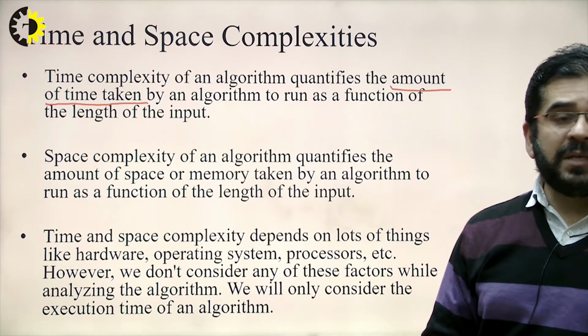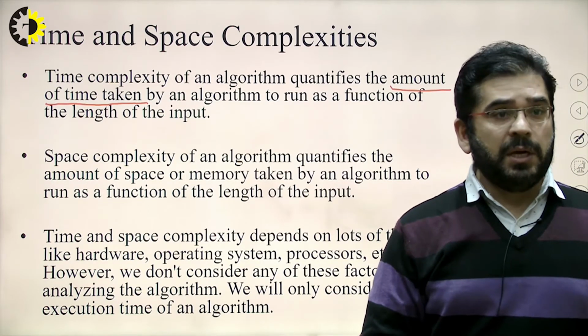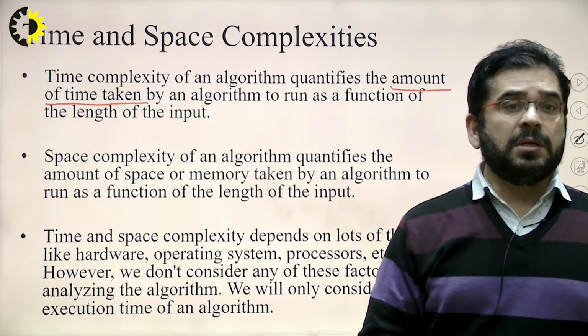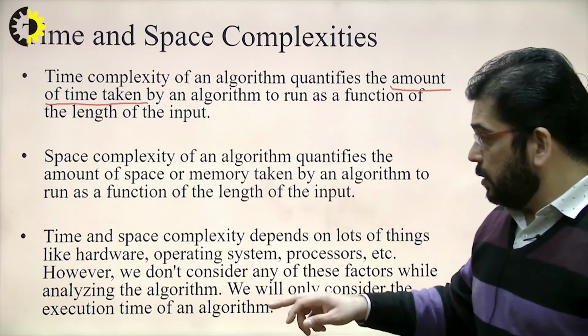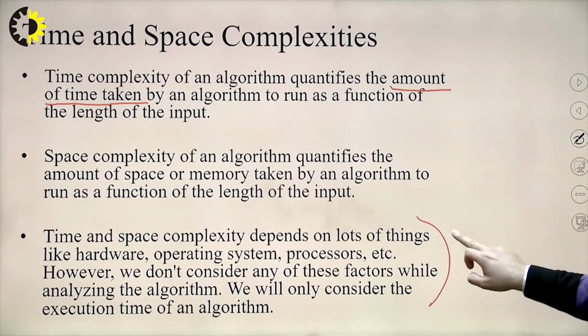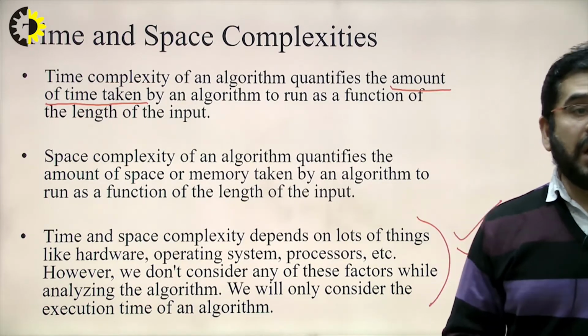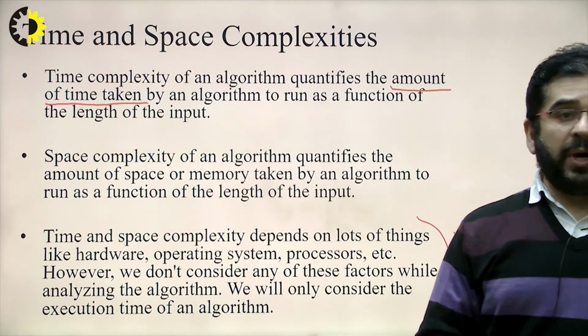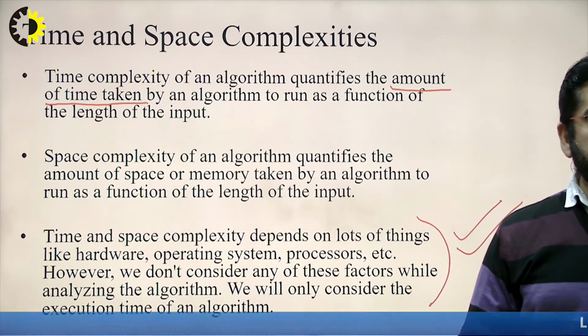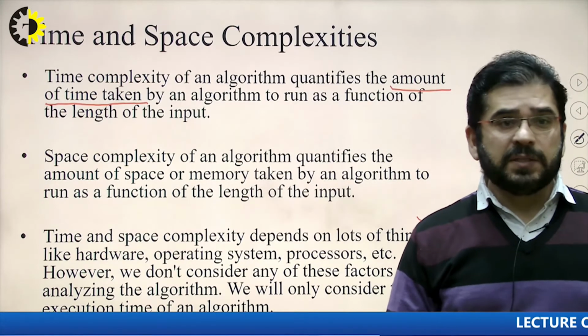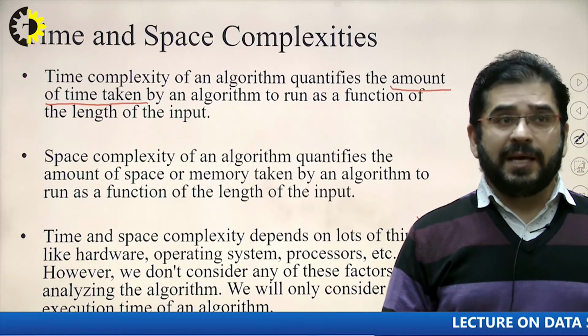That means how much space is required to store that data. Time and space complexities depend on lots of things. You need to take care of these particular things. The time and space complexity basically depends upon the hardware which you are using, the operating system, the processor. However, we do not consider any of these factors while analyzing the algorithm.